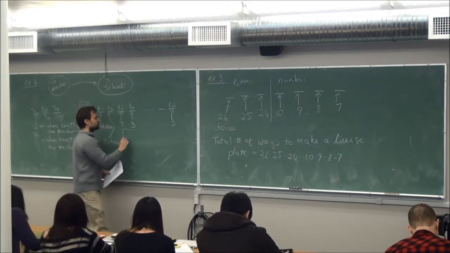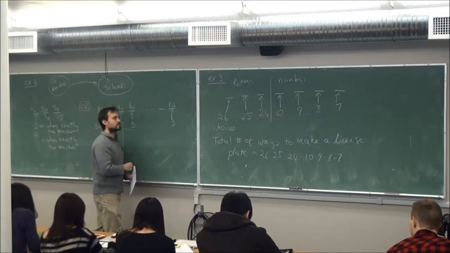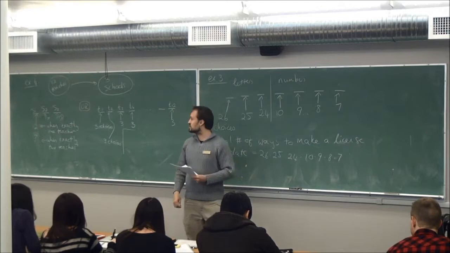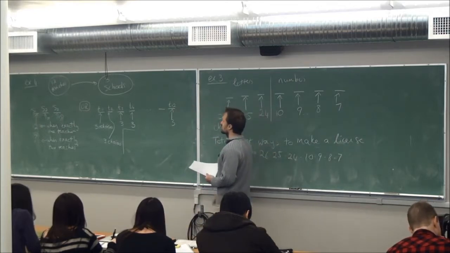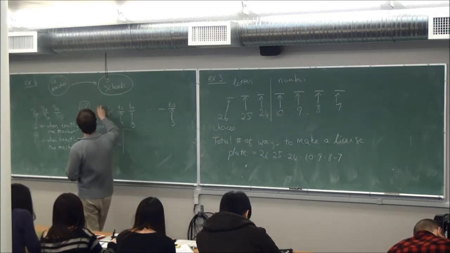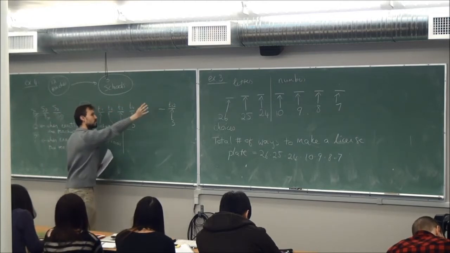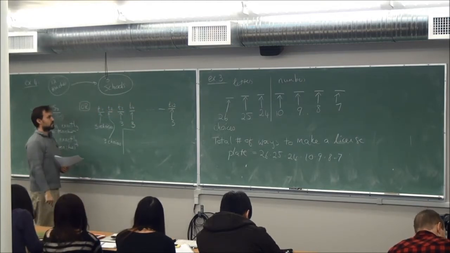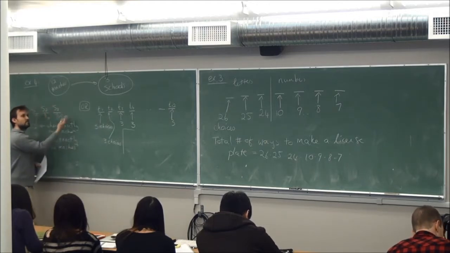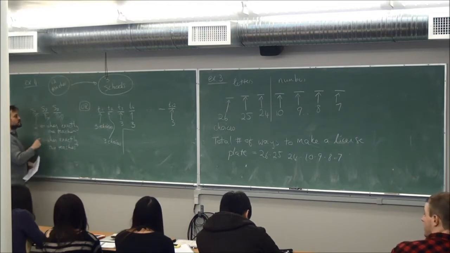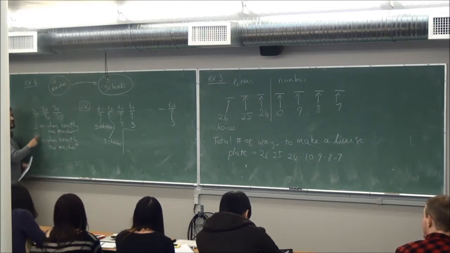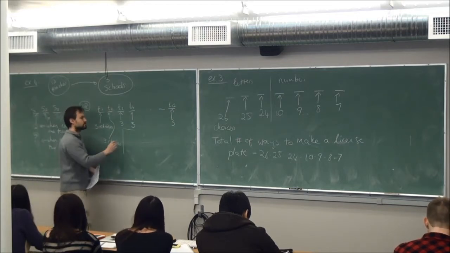So I can break up my experiment in any steps that I want, as long as completing the experiment can be done by completing step 1, followed by step 2, followed by step 3, all the way. Both of these were valid ways to break it up into steps, but when it gets down to counting the steps, this first one didn't quite work out easily, but this one did.